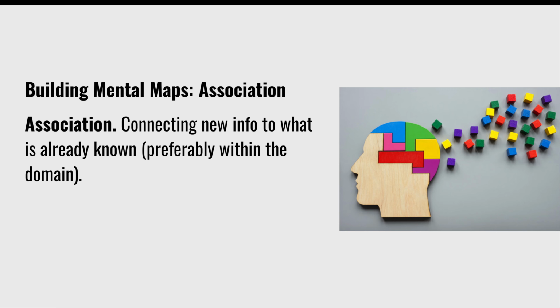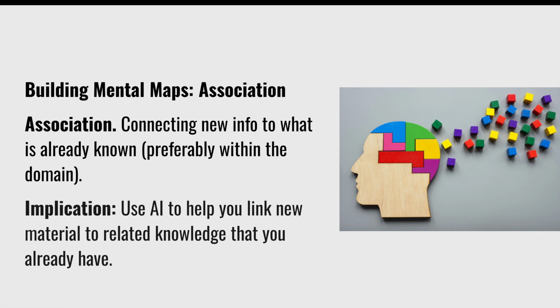Ideally, you connect things that you are trying to learn to things that you already know within that discipline or within that field. So in other words, if you're trying to learn something about economics, maybe don't go right to baking if that's something you're really into, unless it's running a bakery, right? So it's got to be somehow connected to the thing that you are trying to learn.